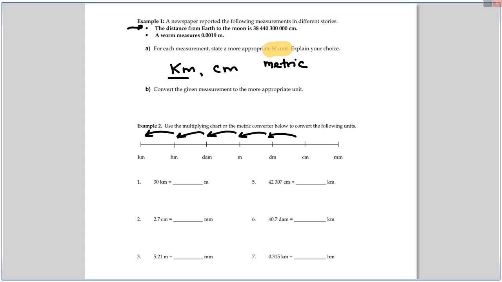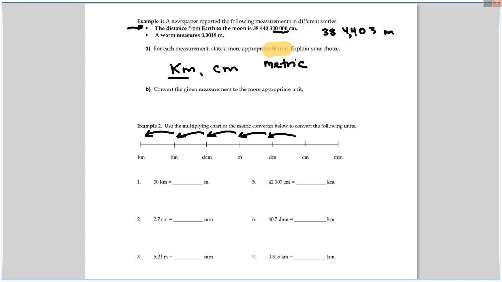Unit got bigger, number gets smaller. So we slide the decimal to the left. 1, 2, 3, 4, 5. So it looks like 38, 4, 4, 0, 3. So it looks like a comma would go there. So 384,403 meters.